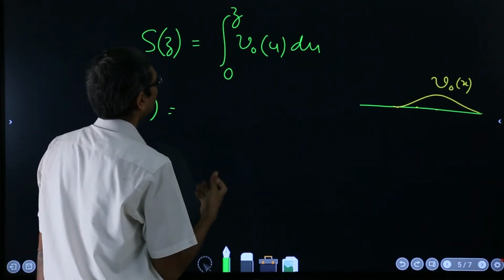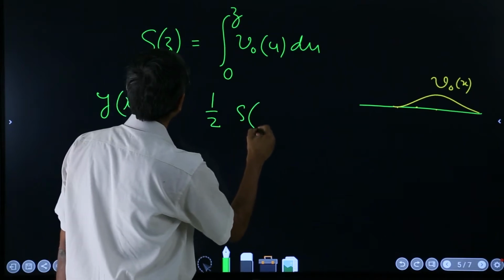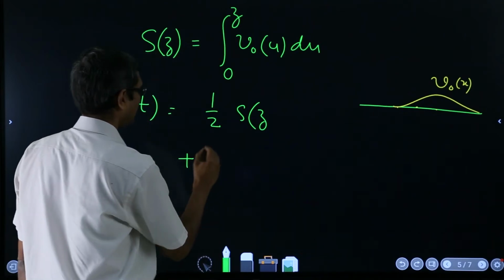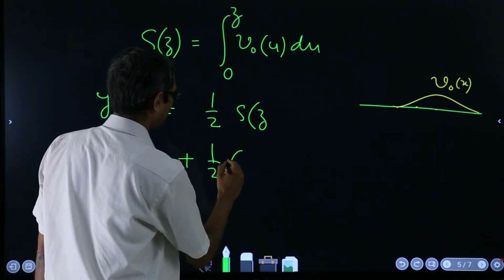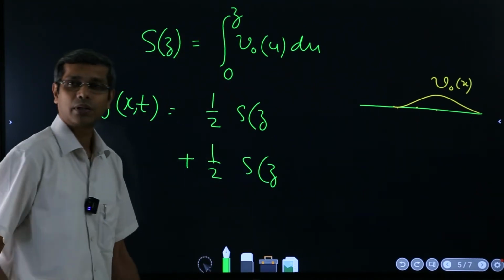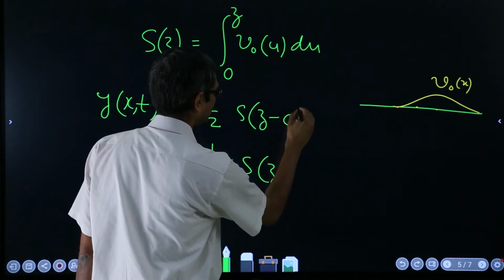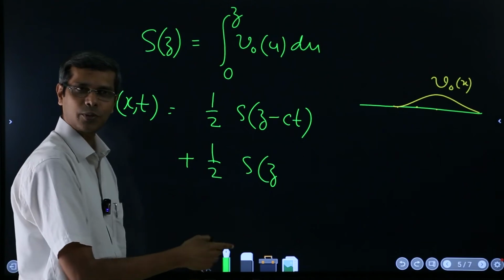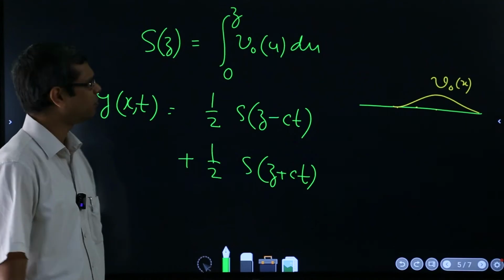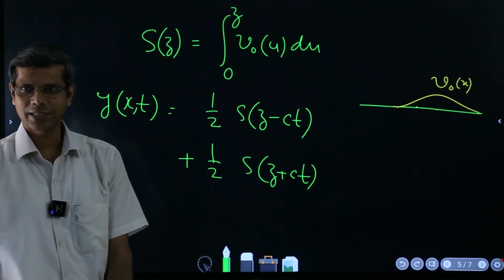So you will do one half of S of z, and the other part is again S of z, but one half will move rightward, so I will put minus ct, and one half will move leftward, so I'll put plus ct. But because this is not exactly a displacement initial condition, some extra things need to be done.